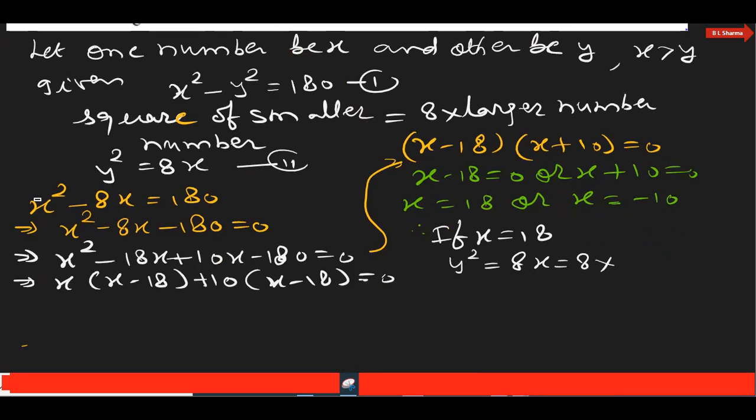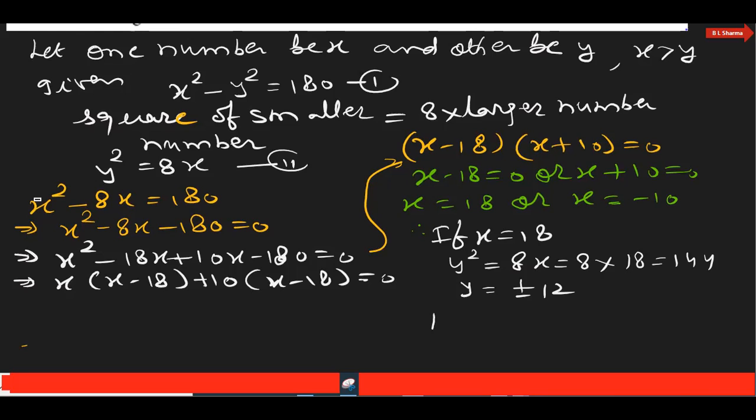That is 8 into 18, that is 144. So y can be plus minus 12 because the square root of 144 is 12. So one number can be x equals 18, and other number can be plus minus 12.